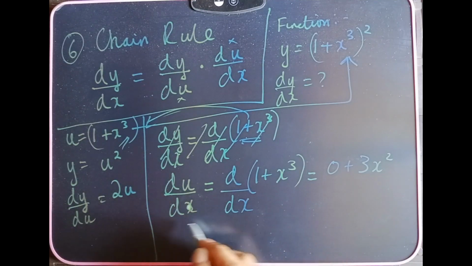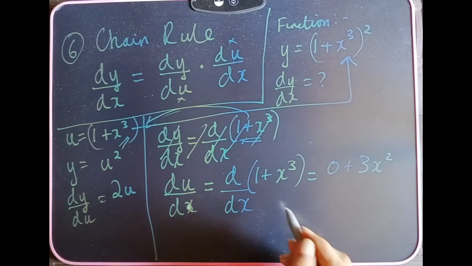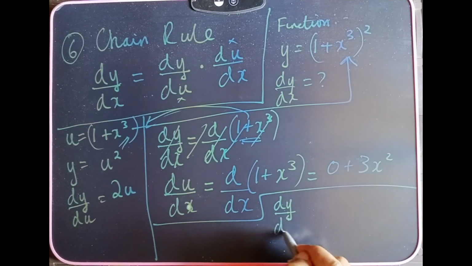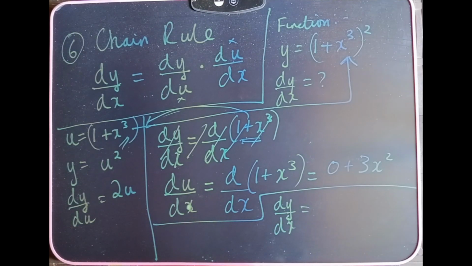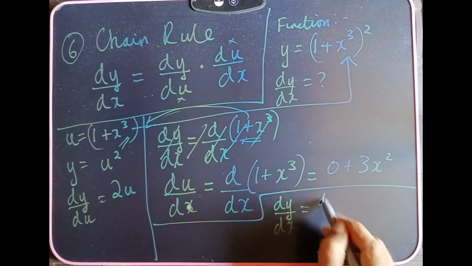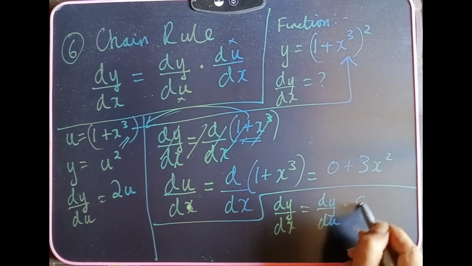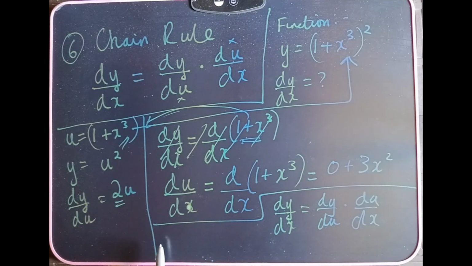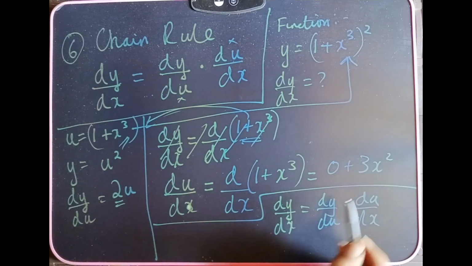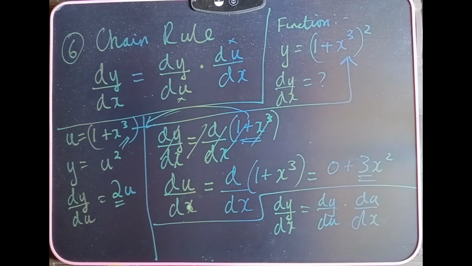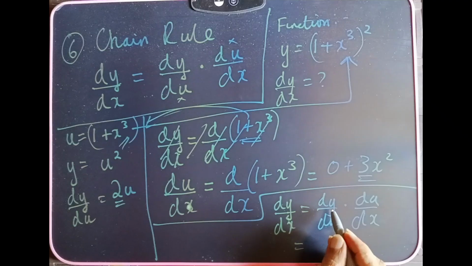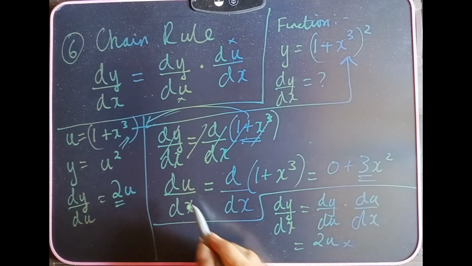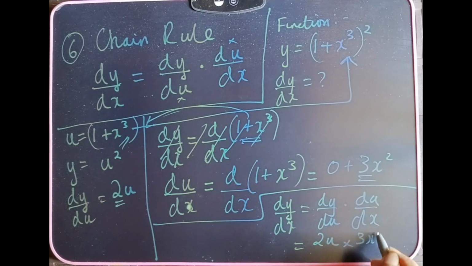So now what will be dy by dx? Dy by dx will be equal to dy by du times du by dx. Dy by du is 2u, multiplied by du by dx, which is 3x square.